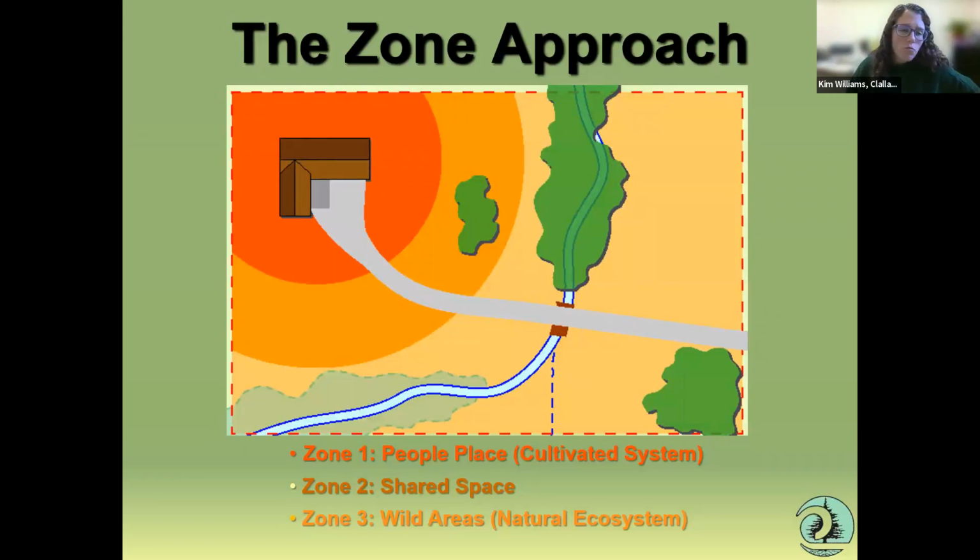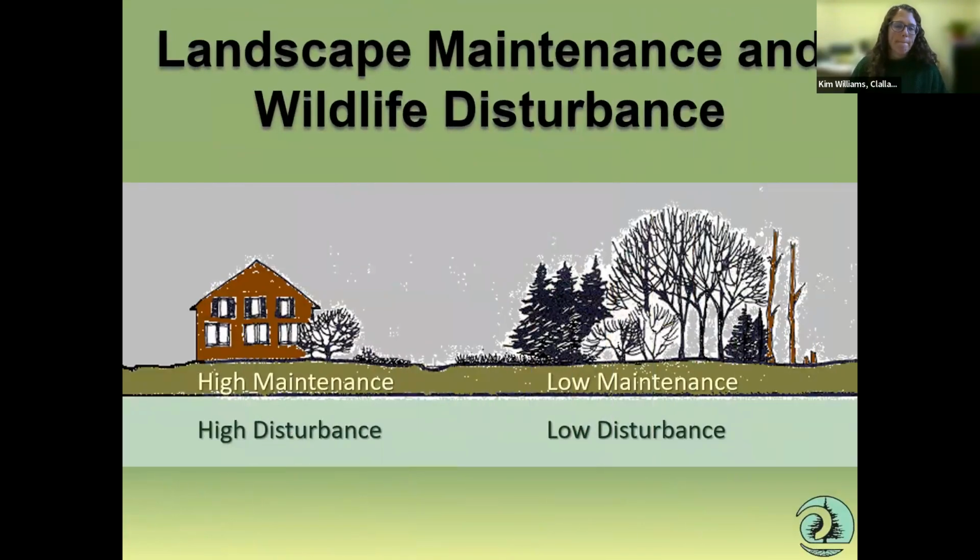If you have a really small lot, it's easy to just have little corners of wild spaces. You can hide them behind bushes. And this is a side view of what I was talking about. High maintenance right around the house, and then a transition into a low maintenance wild area with low disturbance, and trees and snags.